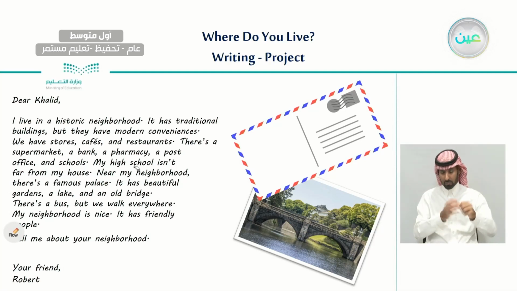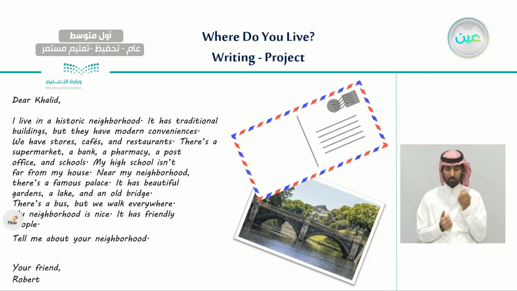Near my neighborhood, there is a famous palace. It has beautiful gardens, a lake, and an old bridge. There is a bus, but we walk everywhere. My neighborhood is nice. It has friendly people. Tell me about your neighborhood. Your friend, Robert.